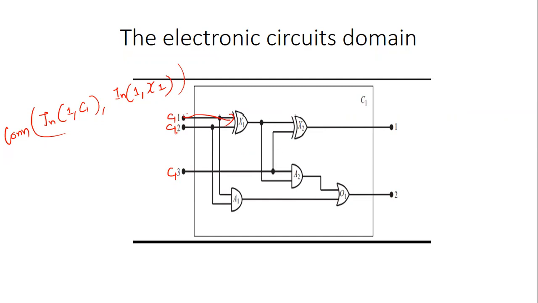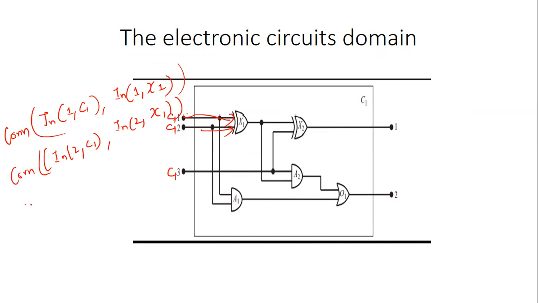Similarly, how will we represent this? The second input of C1, in of 2 comma C1, the second input of C1 is connected to the second input of X1, right? Similarly, this C1 and C2 goes to A1 also.